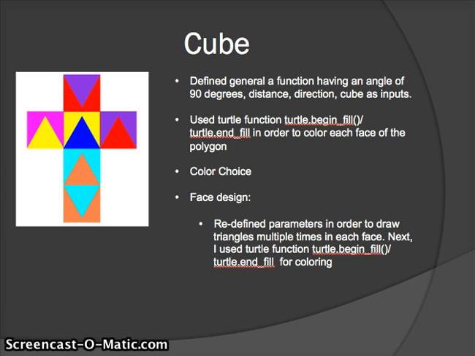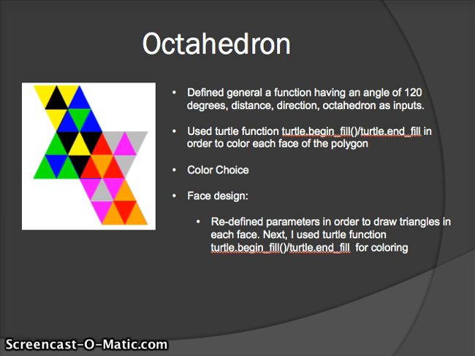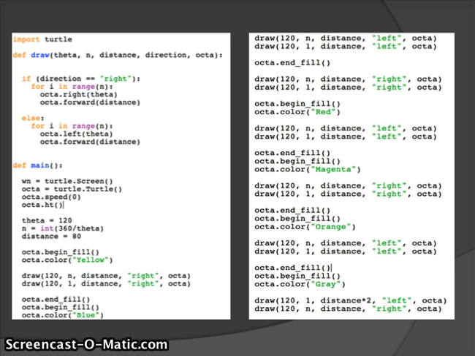Now I'd like to move on to the octahedron. Same idea. Since the net of the octahedron is composed of triangles, my code for this guy looks pretty similar to the tetrahedron, except I repeated the process multiple times in order to get the net.